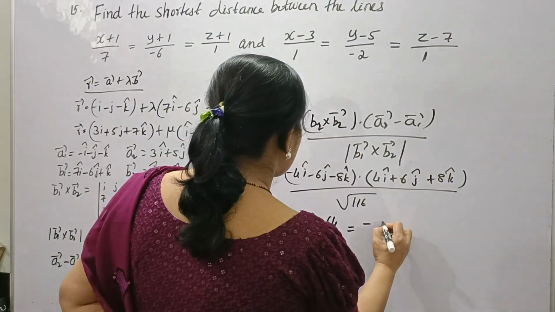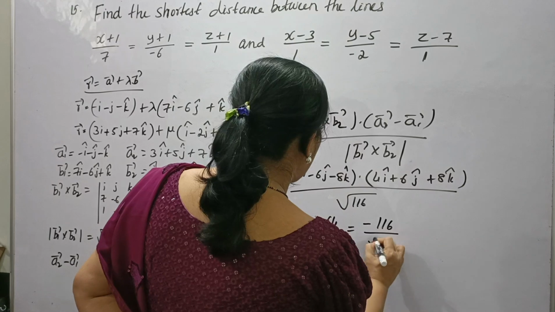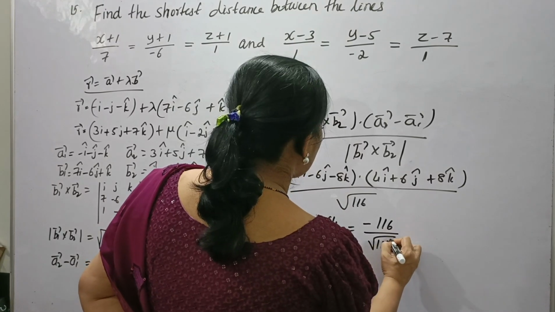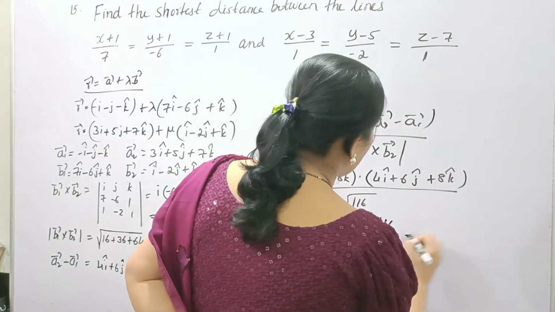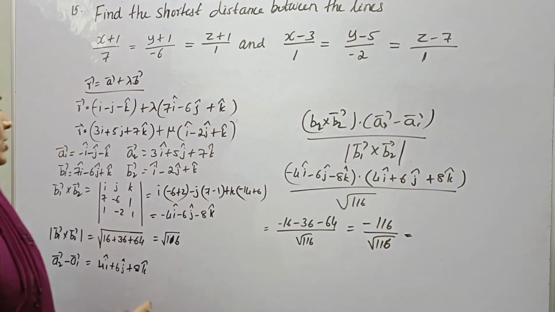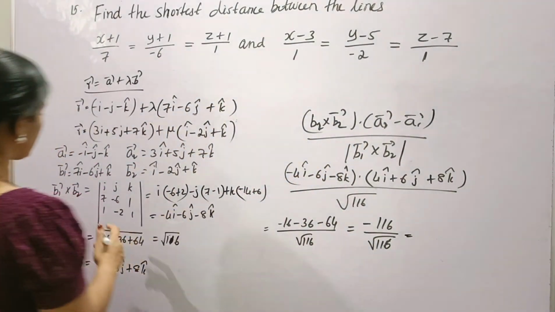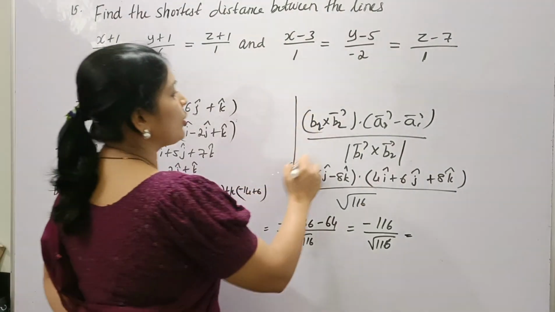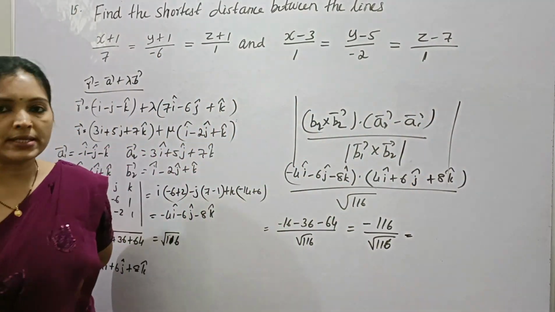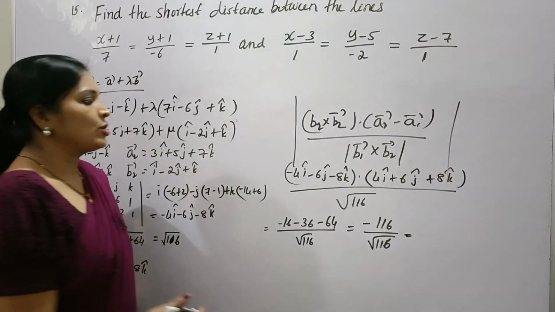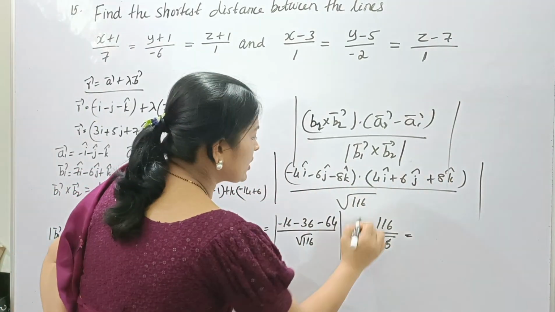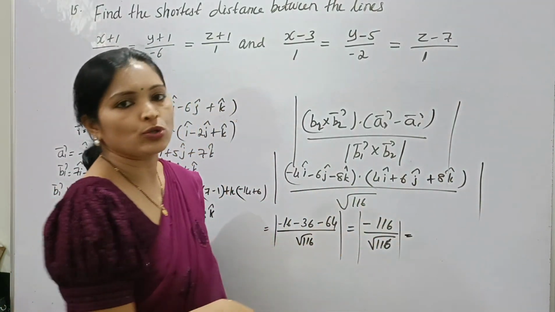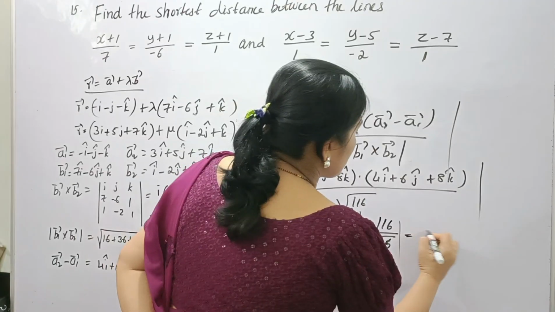That is minus 116 divided by root of 116, so root 116 cancelled. See, it is the distance, right? The formula is with modulus because distance is always positive. So if you get minus after calculation, you have to take it positive.